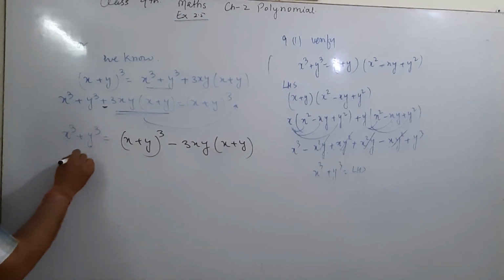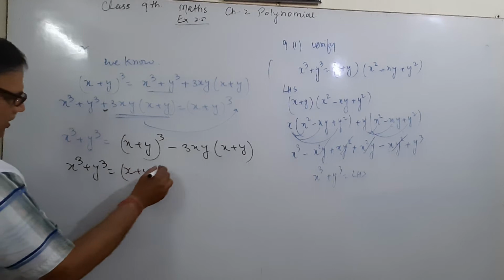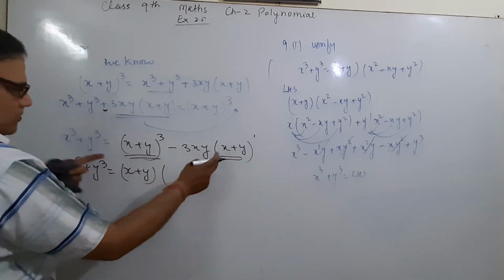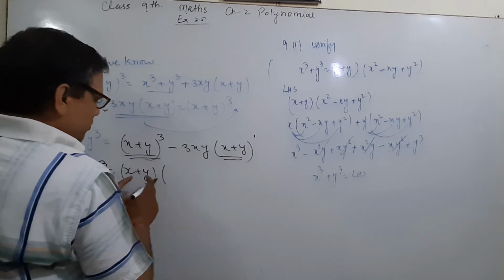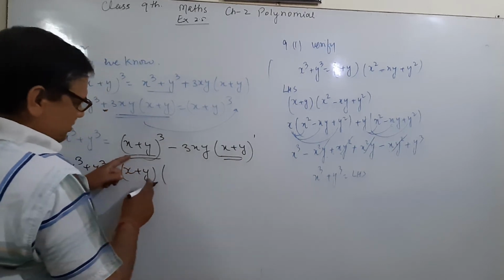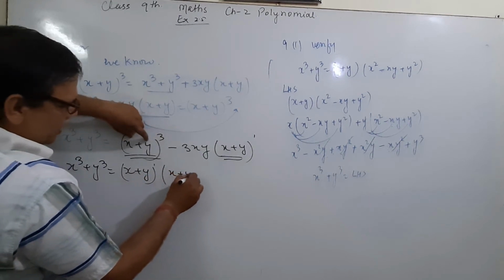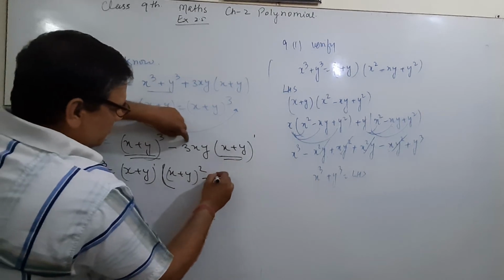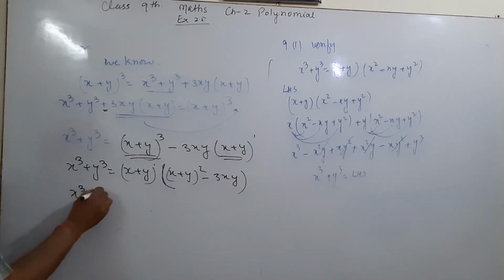Here x plus y is common, with power cube in one term and power 1 in the other. We take x plus y common from both terms, leaving 3 and 1. What is left? (x plus y) whole square minus 3xy.